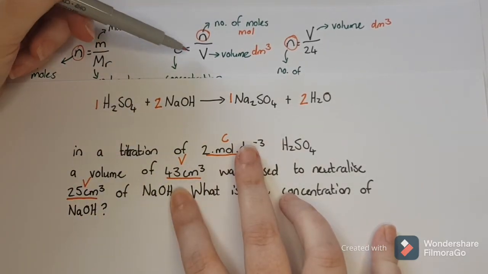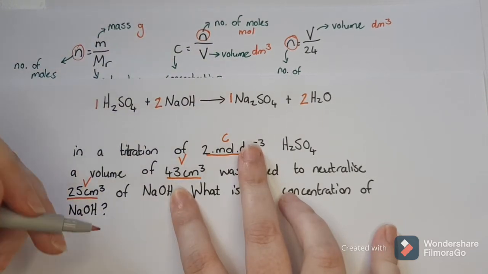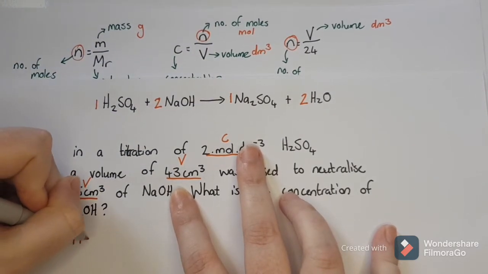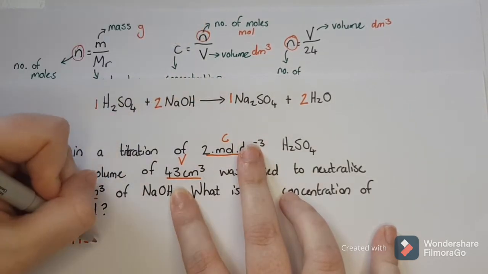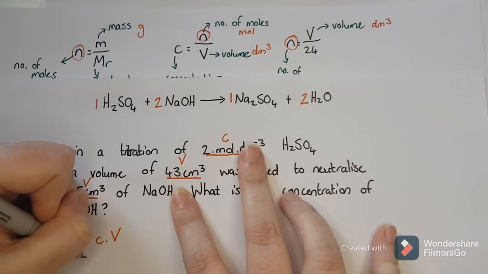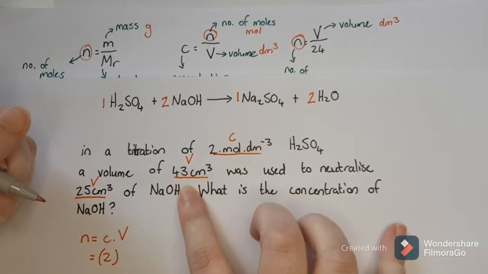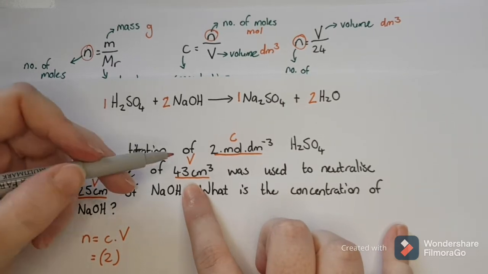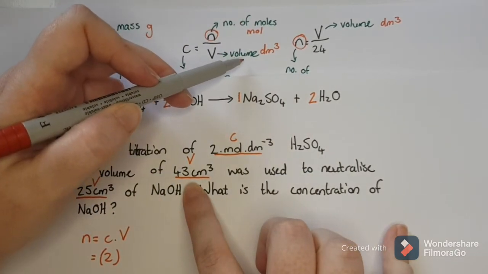So I have C and I have V, which means I can find N. So if I use that equation, N is going to be C times V. C is 2 moles per decimeter cubed, and the volume is 43 centimeters cubed. But I told you the volume must always be in decimeters.